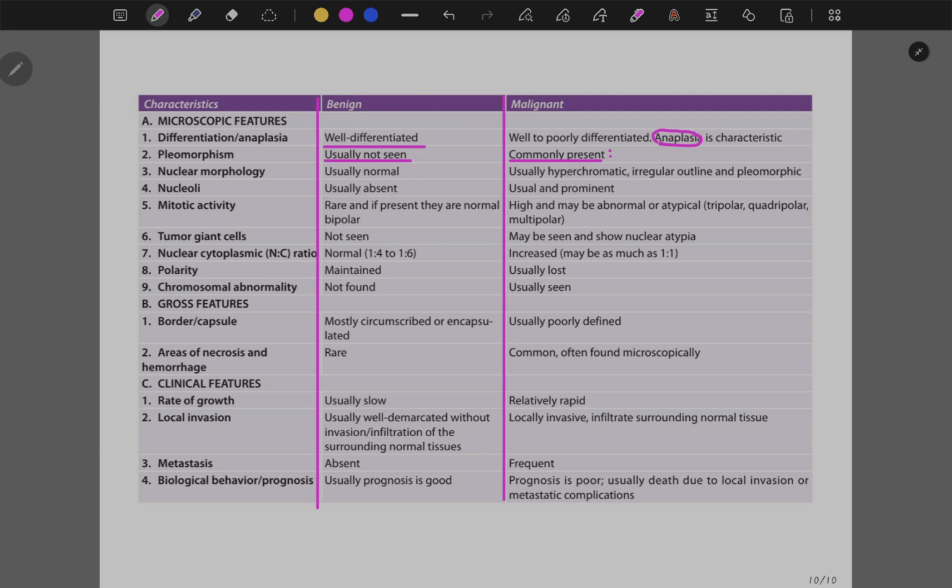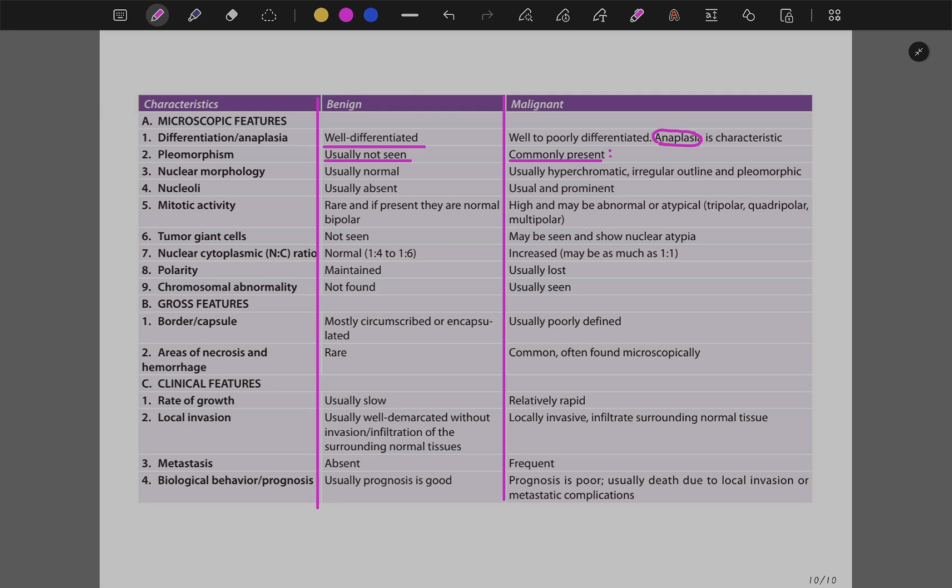The nucleus is normal in benign neoplasms, while in malignant the nucleus is hyperchromatic with an irregular border and is pleomorphic, and the nucleoli are prominent in malignant. Mitotic activity is normal or low in benign, and it is very high and numerous in malignant, and abnormal mitotic figures, that is tripolar, quadripolar, multipolar, are seen.